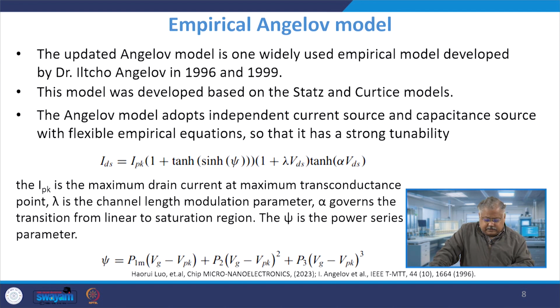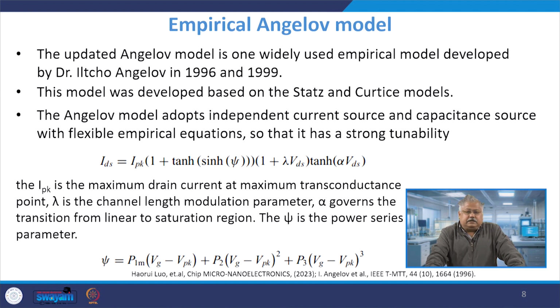If you look at this expression here, it is one of the Angelov empirical models: IDS equals IPK (1 + tanh psi) (1 + lambda VDS) tanh(alpha times VDS), where alpha governs the transition from the linear to the saturation region, and lambda is a channel length modulation parameter, exactly in the same manner as you have studied in a bulk MOSFET, and IPK is the maximum drain current at the maximum transconductance point.